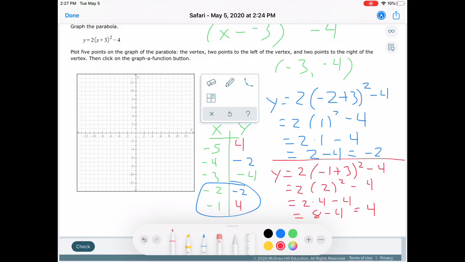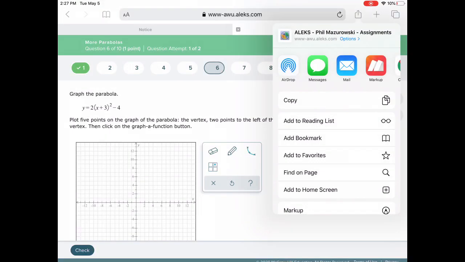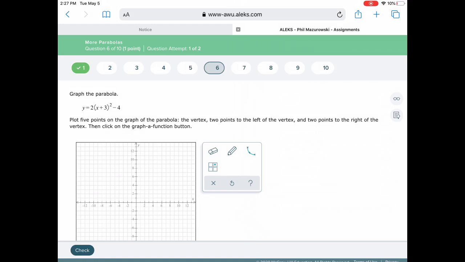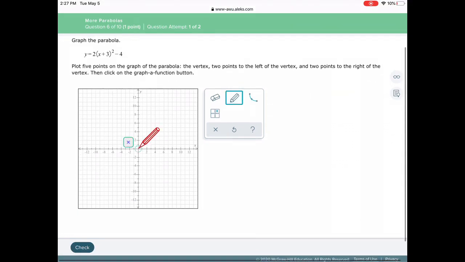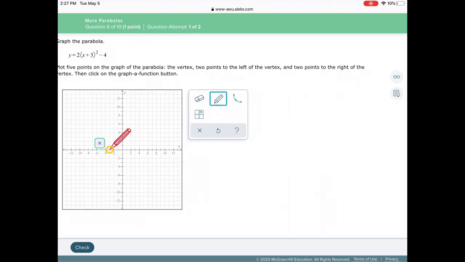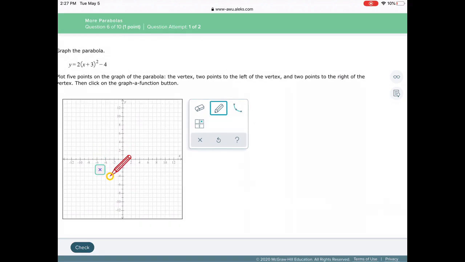And let's go ahead and graph them. So starting with the vertex once again, that was at -3, -4. So we'll put that point there.